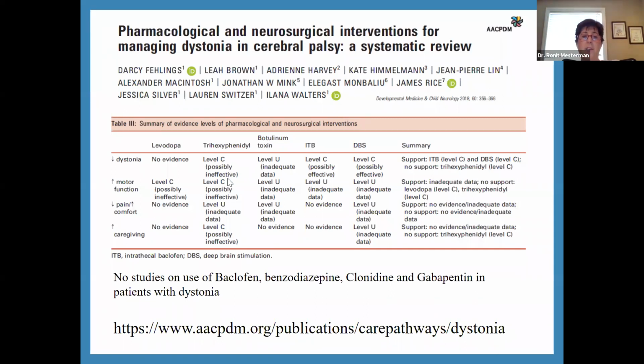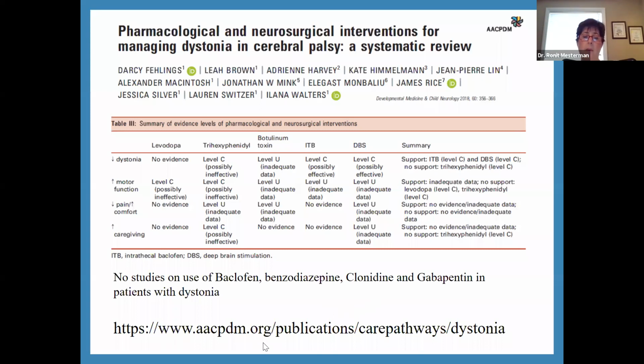In my younger years, I was quite eager to try it out, so again, not replacing any controlled trials, but I find that trihexyphenidyl has quite a lot of side effects when we push it to higher doses, and I've rarely seen wow effects. I will get back to the surgical interventions when I touch on those.